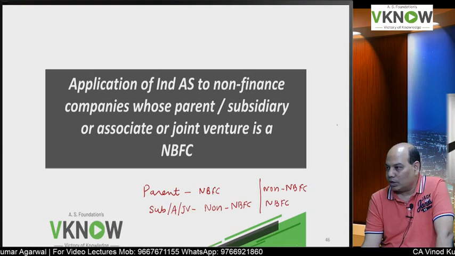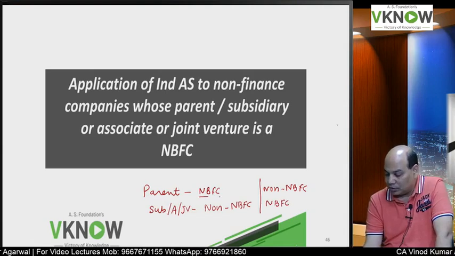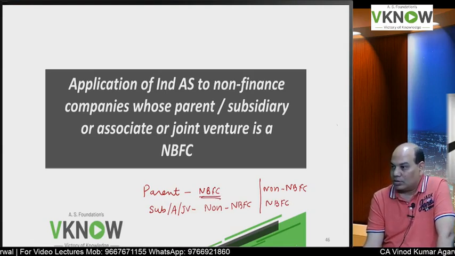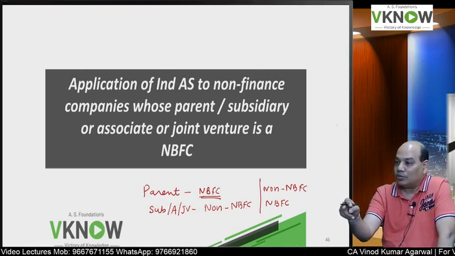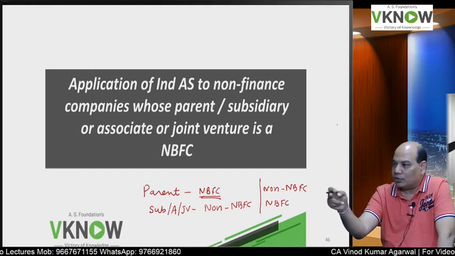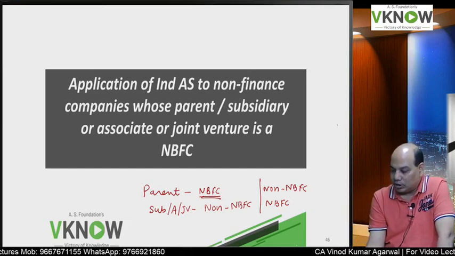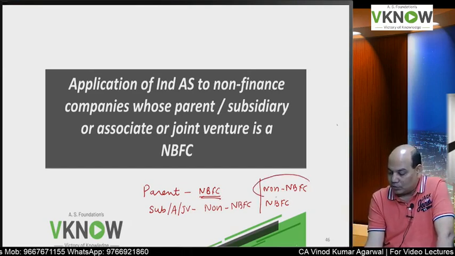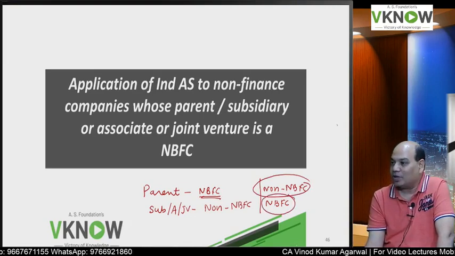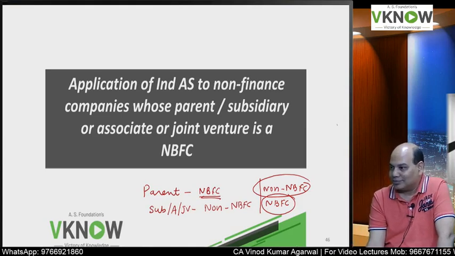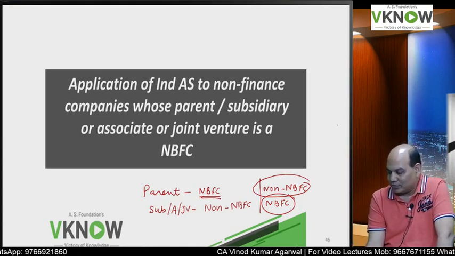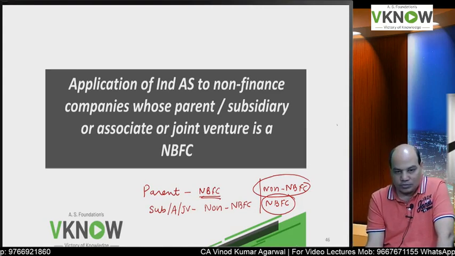So how do you deal with that? Because if it is an NBFC, then Ind AS will be applicable only from 1/4/18 or 1/4/19. But then if the parent is a non-NBFC and the subsidiary is an NBFC, what will the NBFC do? Whether it will apply Ind AS or not. So this question will be answered now.